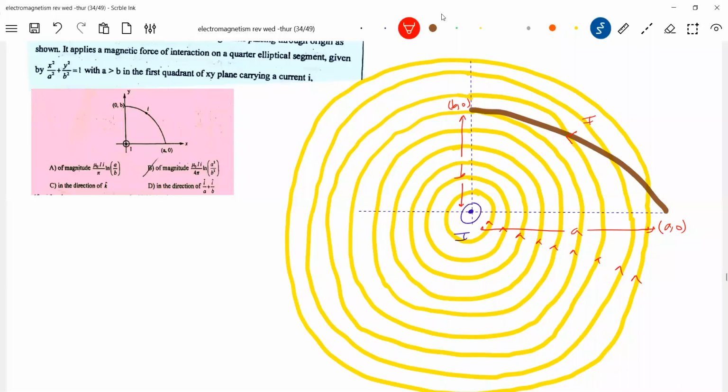Yellow colors are the lines of force produced by that long wire where the current is I. Here this small I. Shall we take a small element like the previous problem? Well, take help of mathematics or any idea you want to propose.